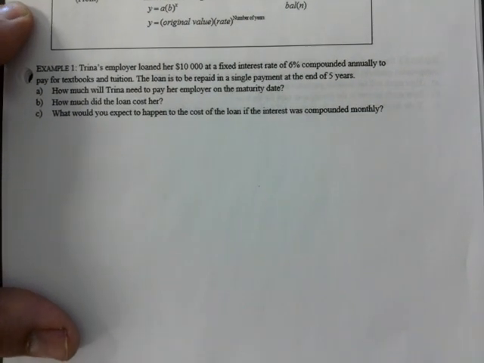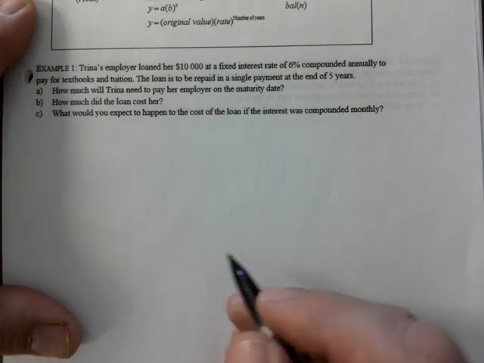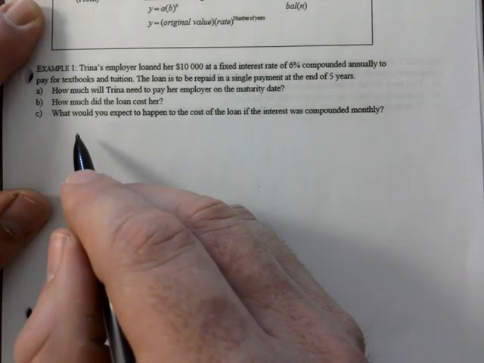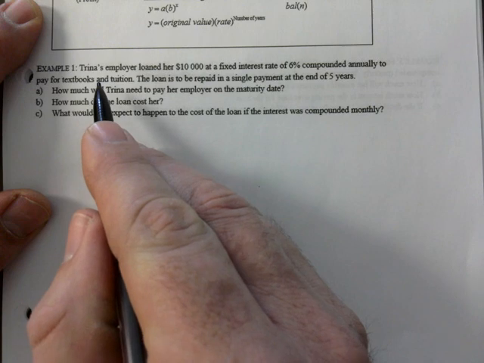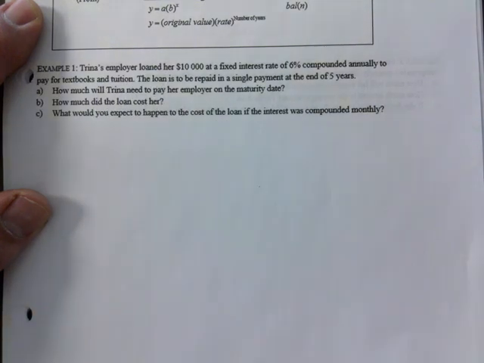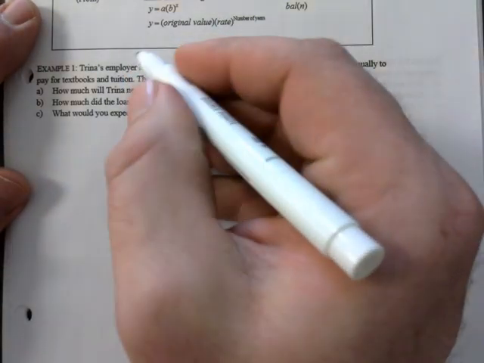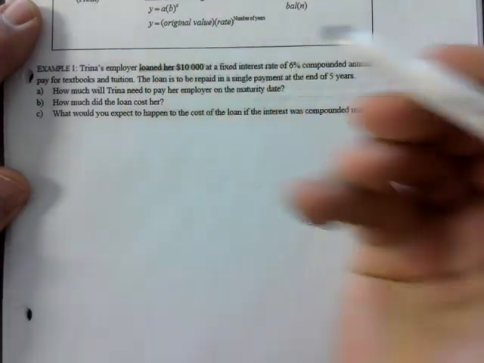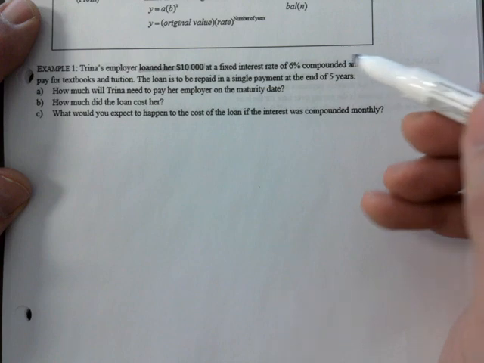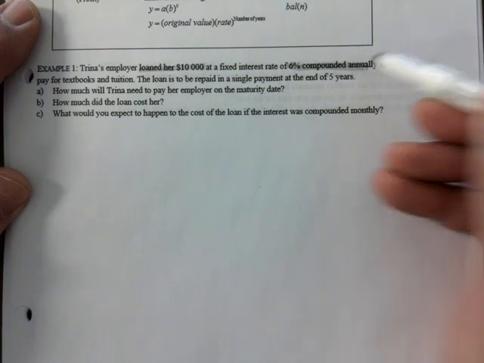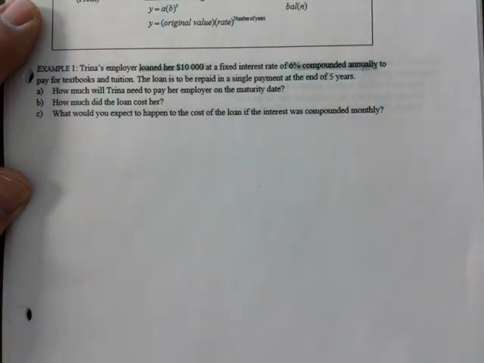So let's go to that example right here. Trina's employer loaned, so there's a loan, 10,000 at a fixed rate of 6% compounded annually to pay for textbooks and tuition.